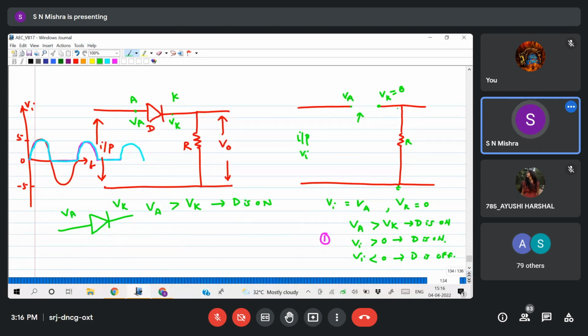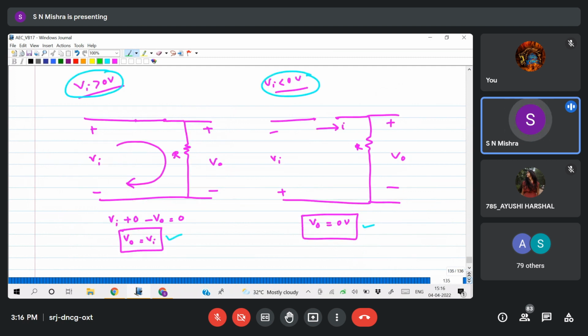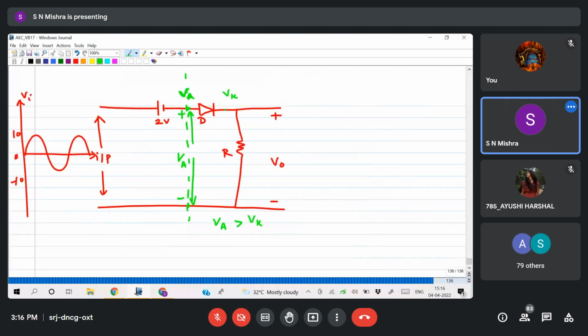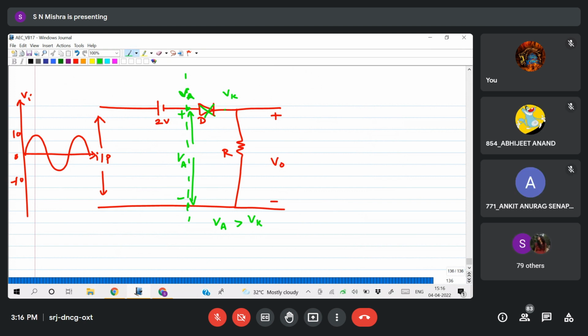It is open circuit, so the cathode is connected somewhere to ground. So the cathode potential is 0. So Va must be greater than 0 to turn on the diode.